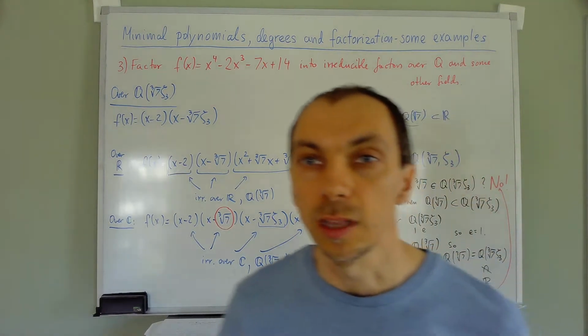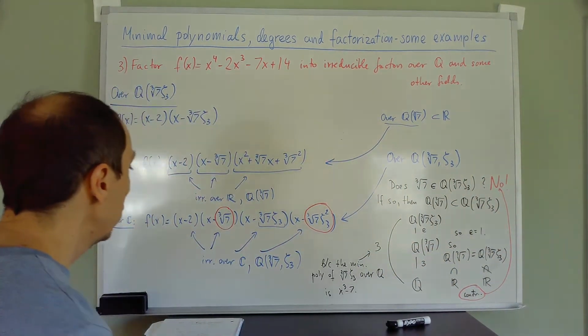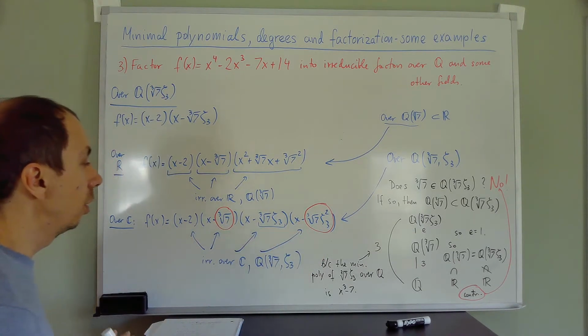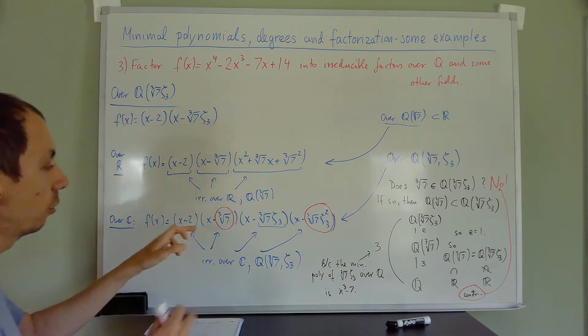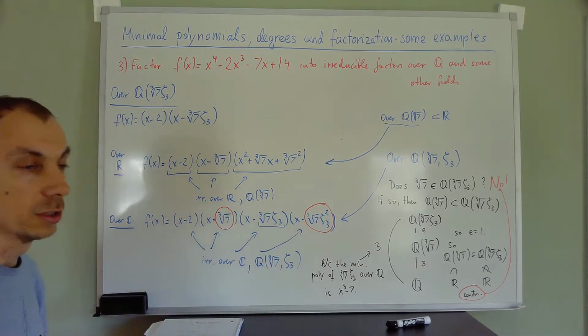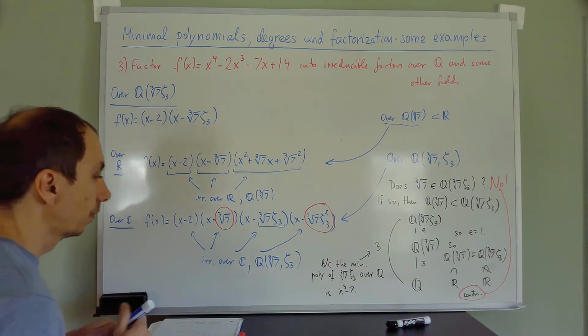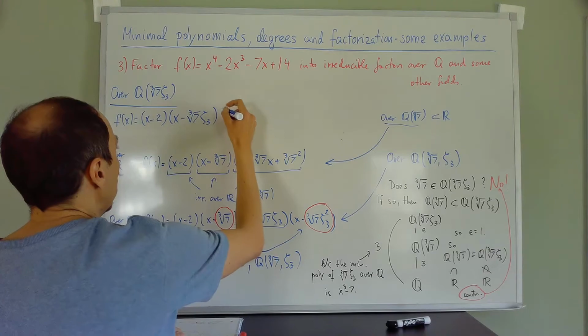This contradiction shows that the answer here is no. Cube root of 7 does not lie there. Which means whatever I get from multiplying these two polynomials, so this factor is not there, must be irreducible. So what is it that I get?